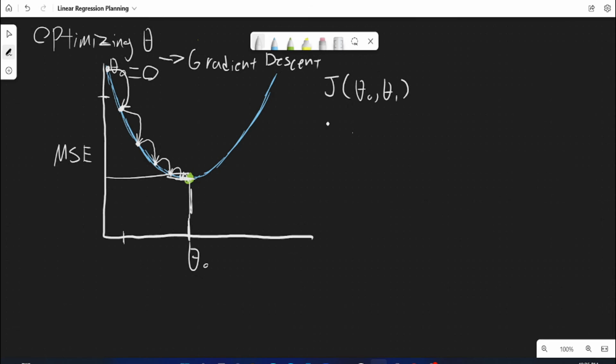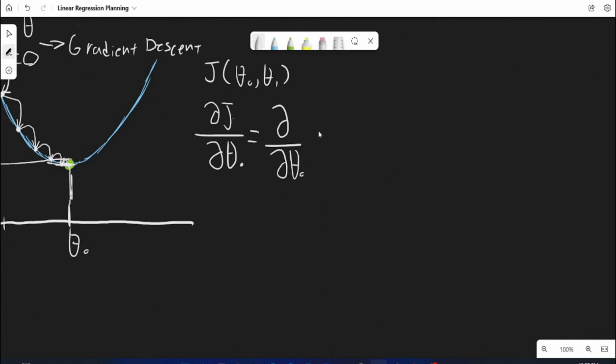What we do is we take the partial derivative of J over the partial derivative of theta 0, and that's equal to the partial derivative of, let me write it out first, it's easier this way, our cost function: 1 over 2m, sum from i equals 1, of theta 0 plus theta 1 xi minus yi, squared, right?